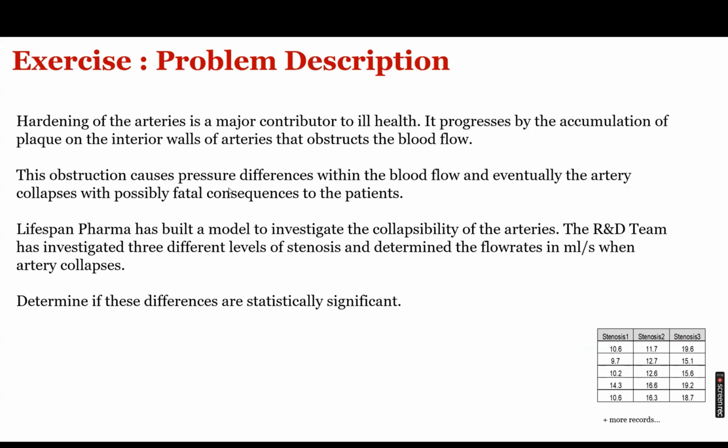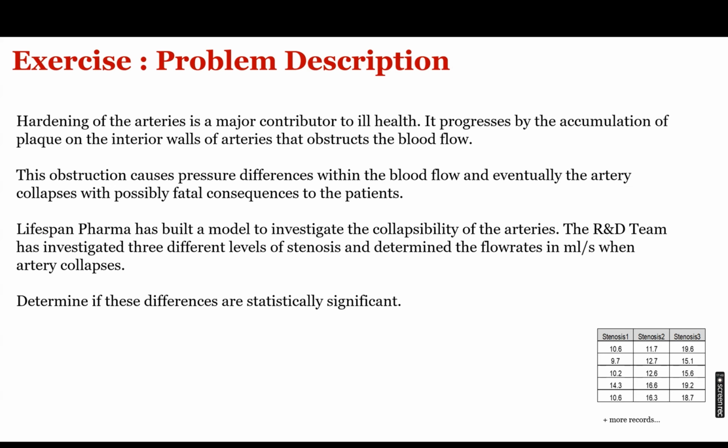Now, this is another example, which is called an ANOVA test. This is also from a hospital organization. Hardening of the arteries is a major contributor to ill health. It progresses by the accumulation of plaque on the interior walls of the arteries that obstructs the blood flow. This obstruction causes pressure differences within the blood flow, and eventually the artery collapses with fatal consequences to the patients.